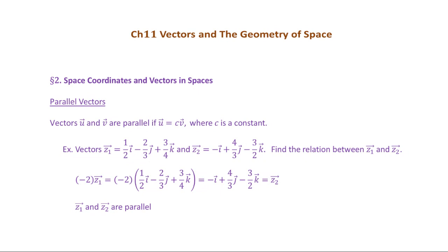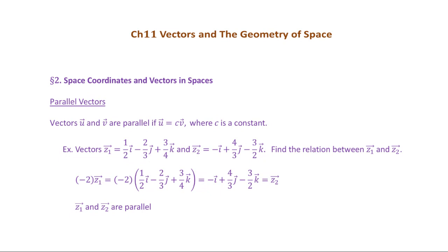Two negatives make a positive, and you multiply 2 by 2, you get 4. And then -2 times 3 over 4, you get negative, and you cancel 2 with 4, so you're left with 2 in the denominator, so it's -3 over 2 k. So we got -i plus 4 over 3 j minus 3 over 2 k.